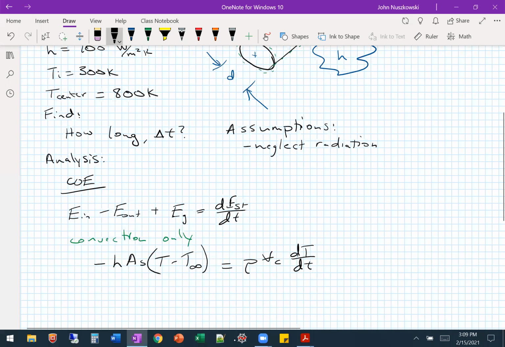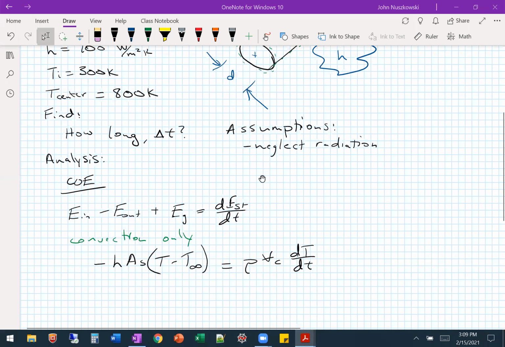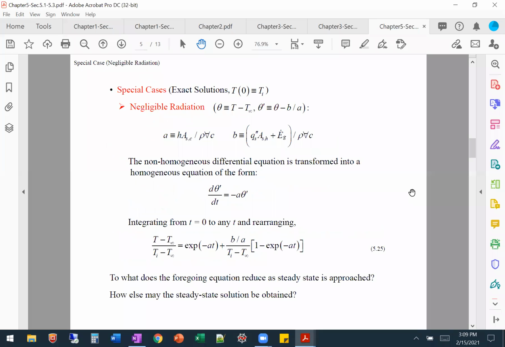That's where, if we look at our chapter 5, we took our equation that you see here, and we only have this term and this term. So that's convection only, with negligible radiation.